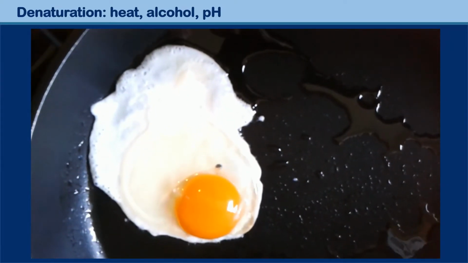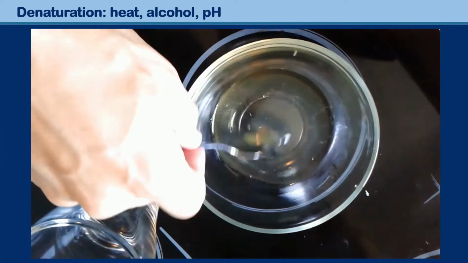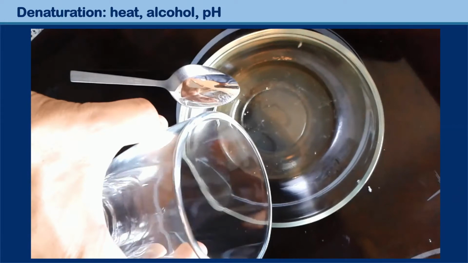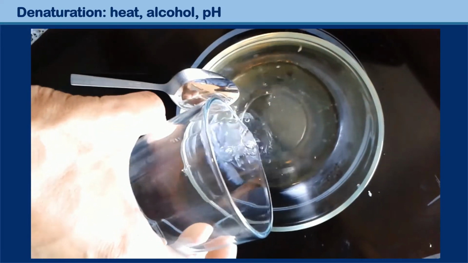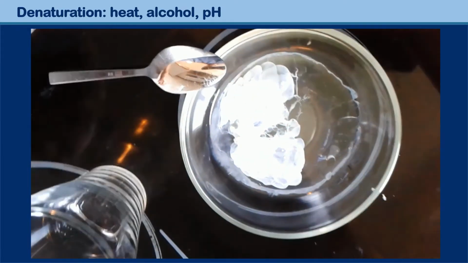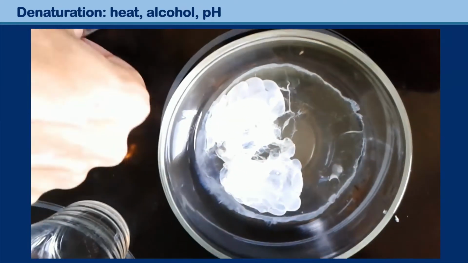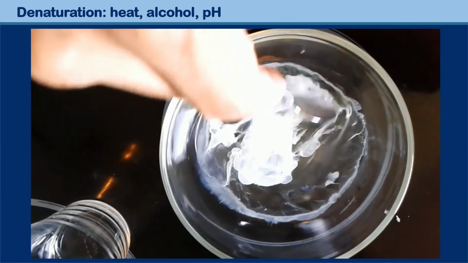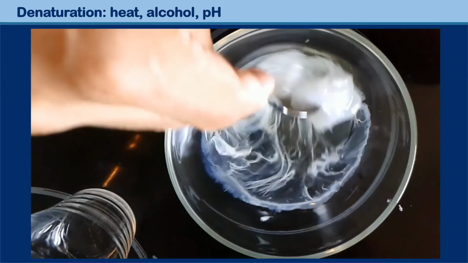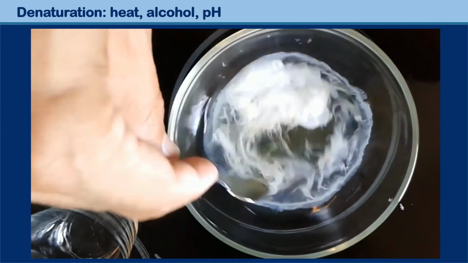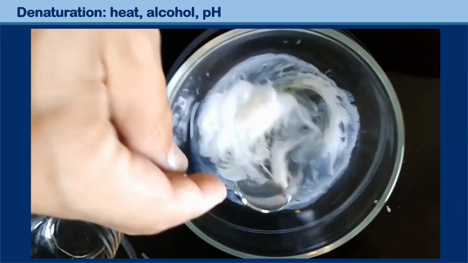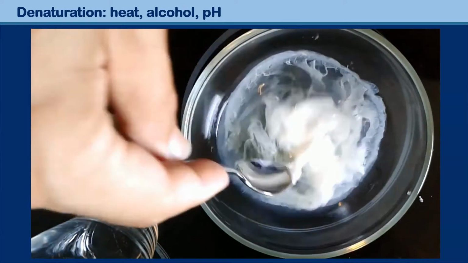Okay. You still see that, yeah, and okay, what is this over here? This is basically also egg white, and I'm adding over here some alcohol. This is alcohol. Okay, so I added some pure alcohol, and you also see it immediately changed the color to white. So the alcohol also causes a denaturing, and basically without heat. Okay, so this is cold, at room temperature. You still do not want to eat this, okay?